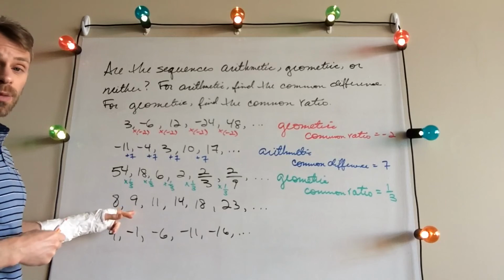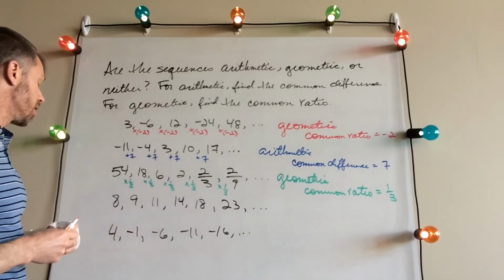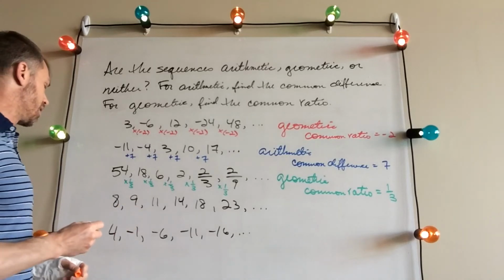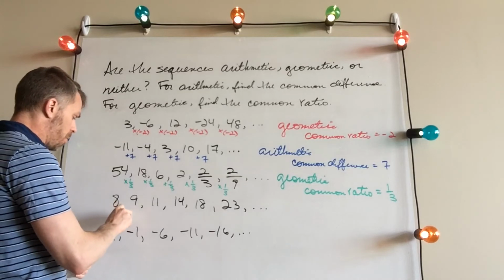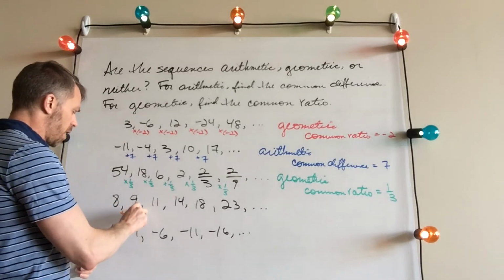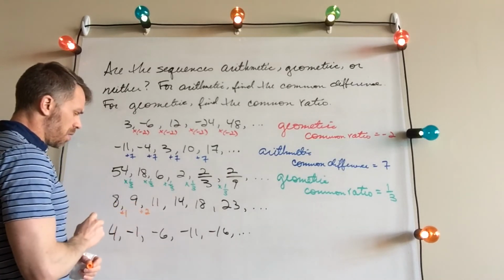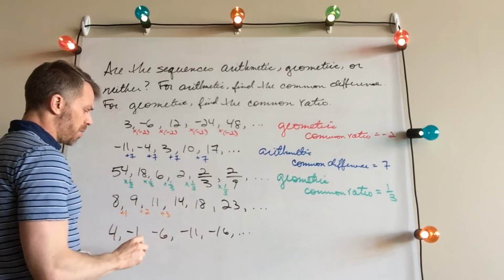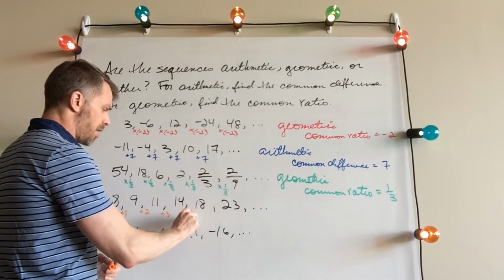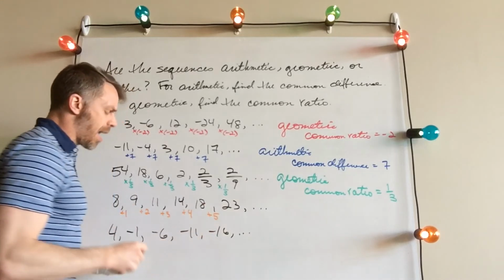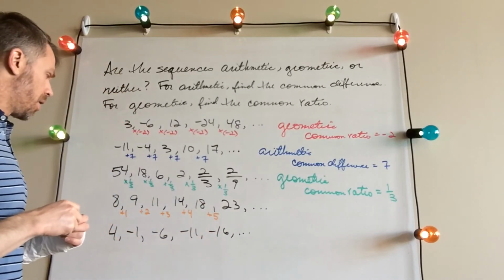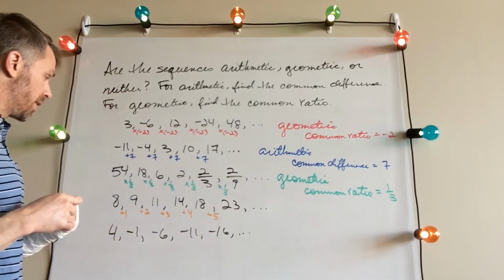I can't easily multiply 9 times something to get to 11. What's going on here? It looks like I'm adding 1. Then it looks like I'm adding 2. And then adding 3. And then adding 4. And then adding 5. Okay, so is there a pattern?